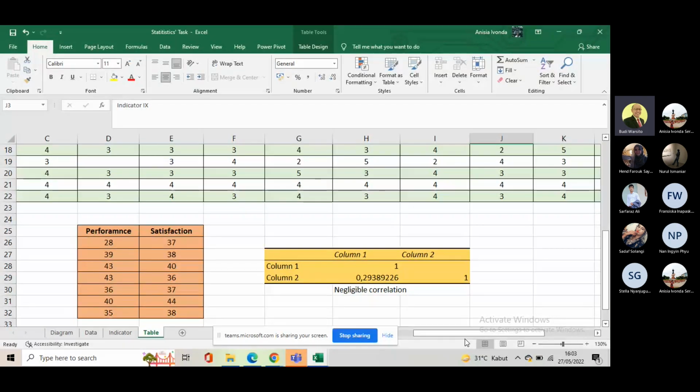But you have to check your indicators again. Why? In my mind, I have a hypothesis that the performance would have a strong relation with the satisfaction, but the result is not.